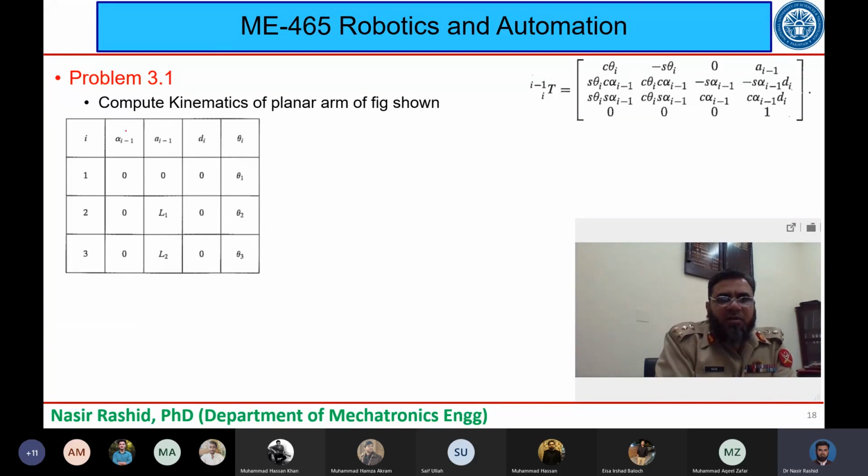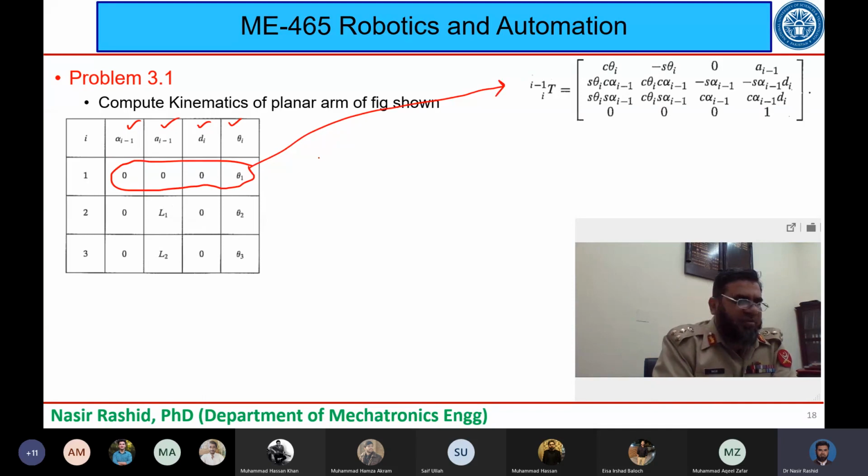So again we take the same four parameters, 1, 2, 3 and 4, and carry them over here. Let me just write these down. So T 1 to 0 will be given by, again look at theta 1. This is cos theta 1. Let me shorten it and write c1, then this is minus sin 1.